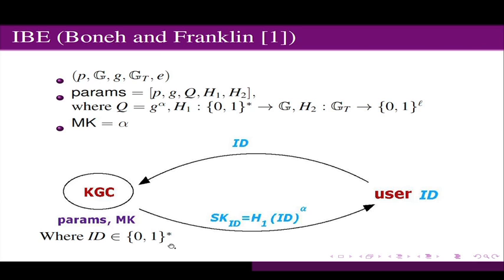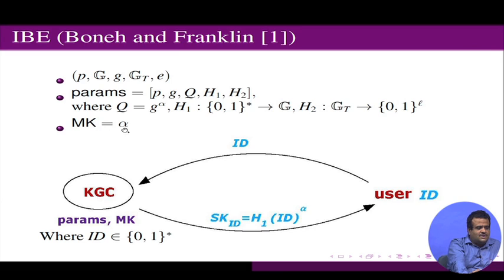Okay. So, let us come to the identity based encryption scheme by Boneh-Franklin, which was published in Crypto 2001. This we have already discussed, so just to recap. Here G and G_T are groups, small g is the generator of G, p is a prime number, e is a bilinear map, and the public parameter is p, g, q. q is basically g to the power alpha.